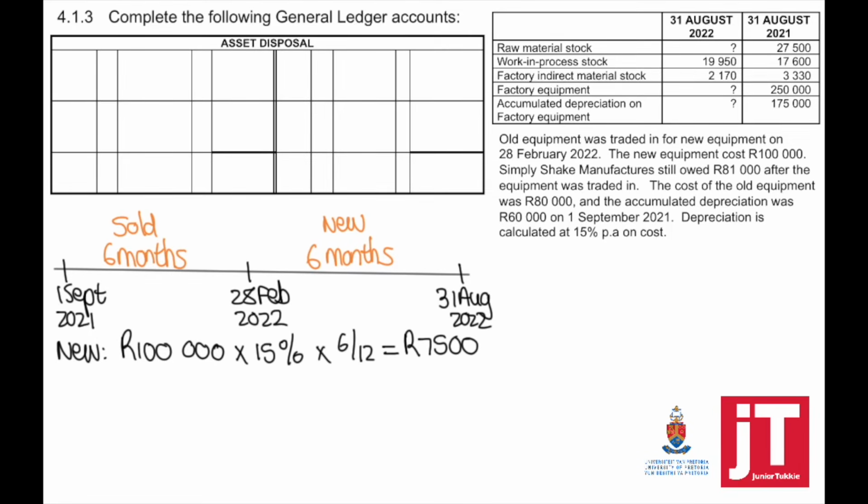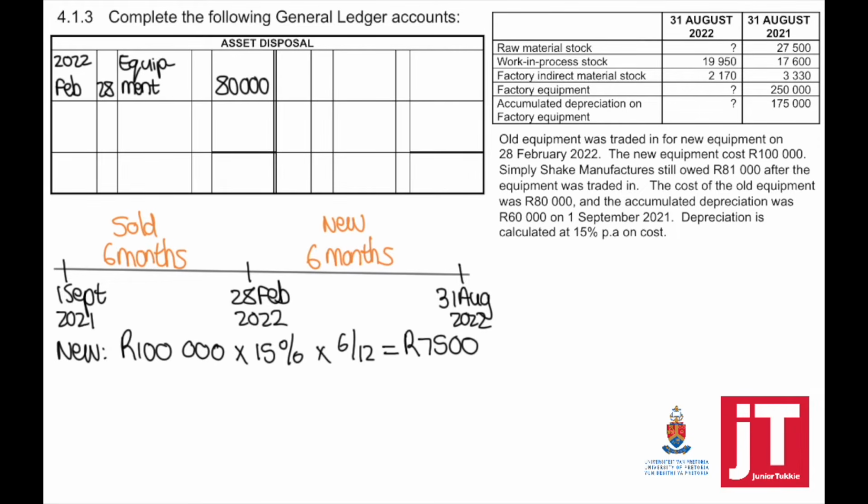So if we start with the new, equipment costs 100,000. 100,000 times 15% times 6 divided by 12 means my depreciation on the new is 7,500. If we're looking at asset disposal now, the old equipment cost 80,000.